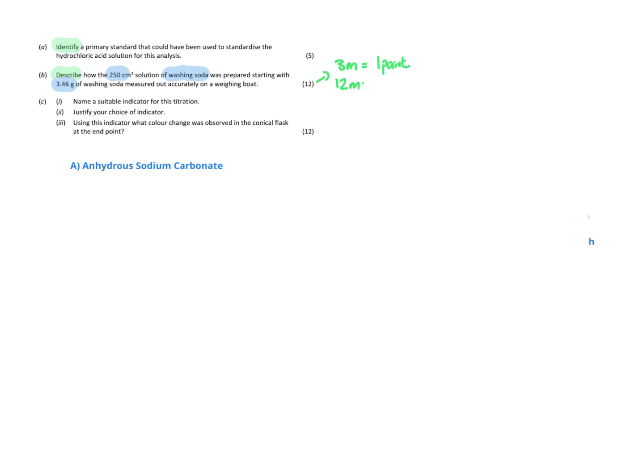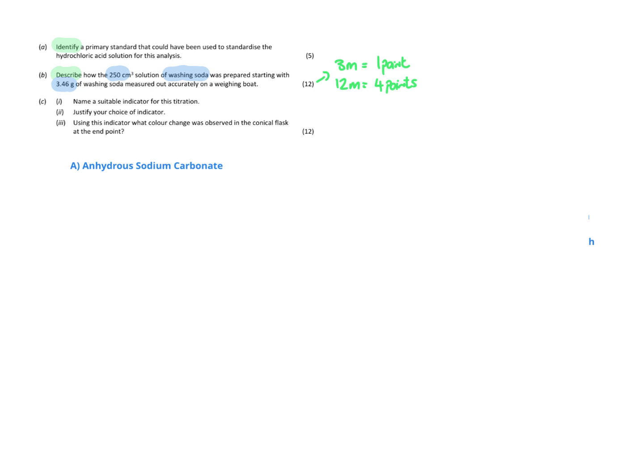So if we have 12 marks, we must have 4 points of information. And I usually give a fifth one. The main reason I would give a fifth one is you never know what way the marking scheme is going to work out. You never know what steps that they're going to be looking for in particular. So I put them all in and I ensure that I maximize my full marks because I want to get a H1 out of this question.